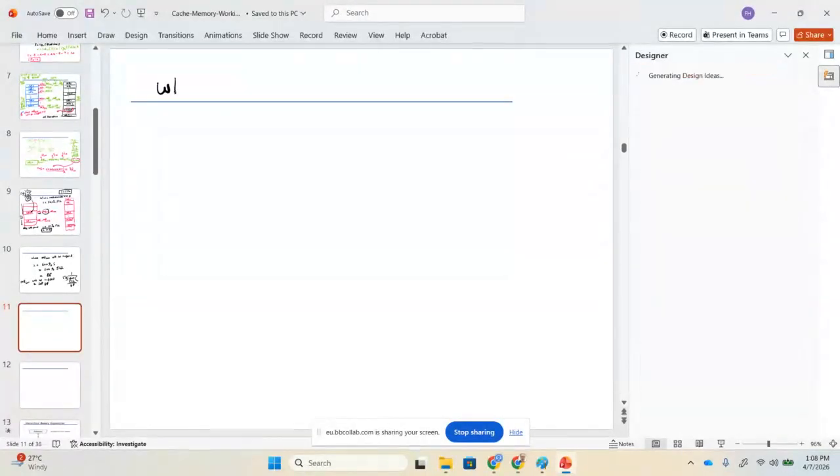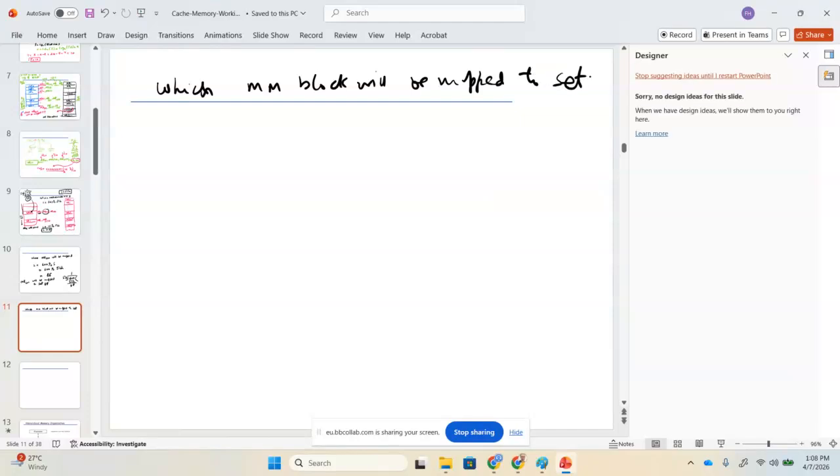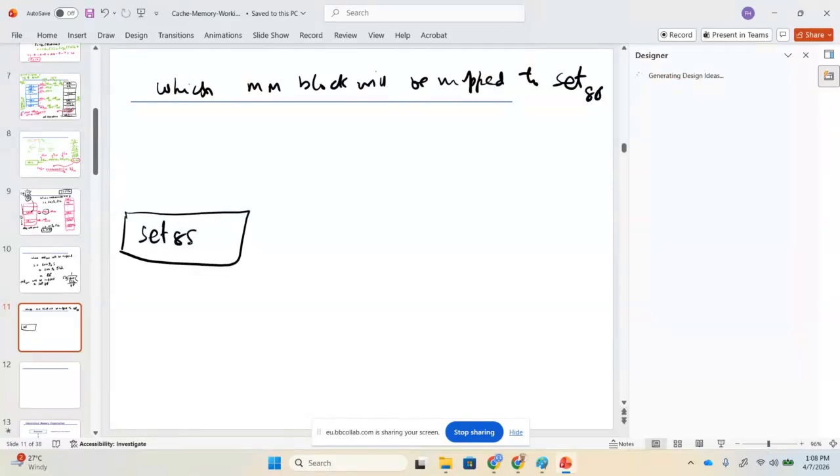Which main memory block will be mapped to set number 88? So now we have set number 88. Which block will be mapped here? Help me. MB88.